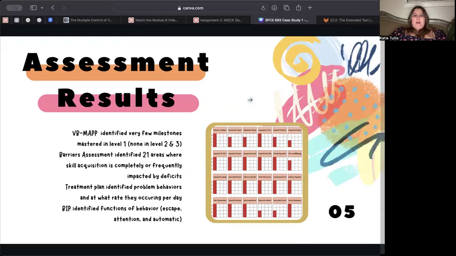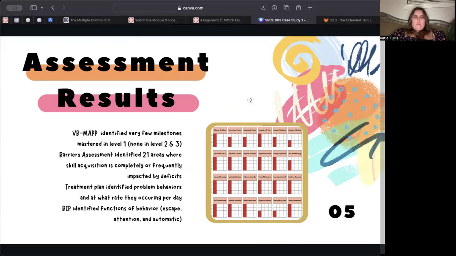The assessment results. On the VB-MAP, we identified very few milestones mastered in level 1 and none in level 2 and 3, and the VB-MAP only goes to about 48 months. So he is very low, especially compared to his typically developing peers. This was obviously a concern of ours.